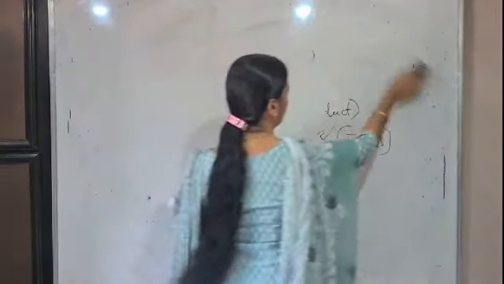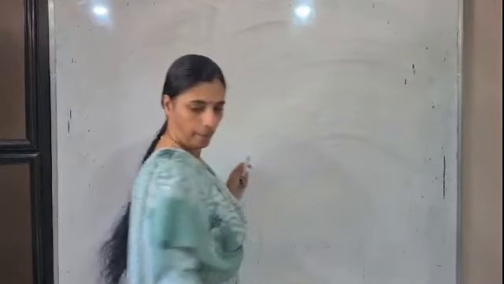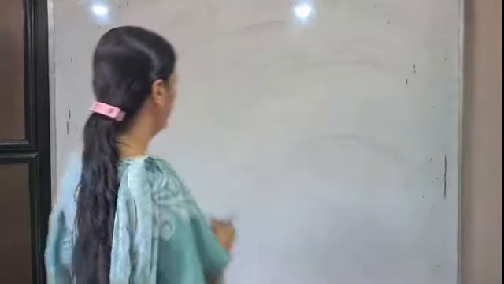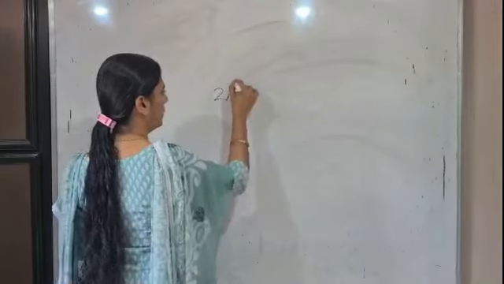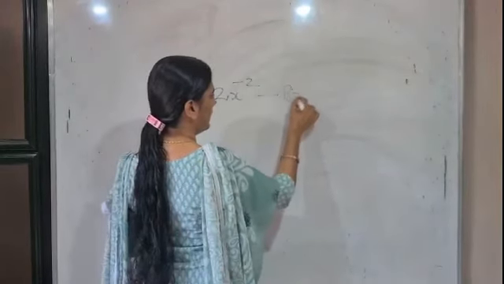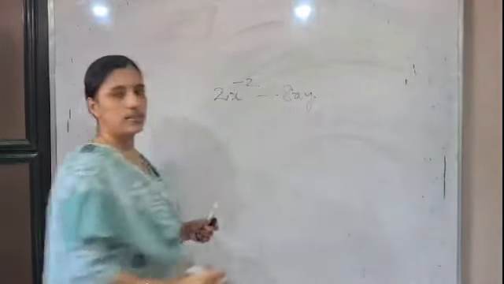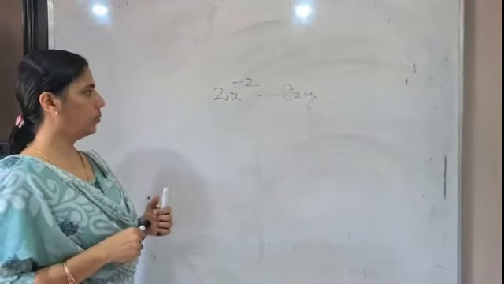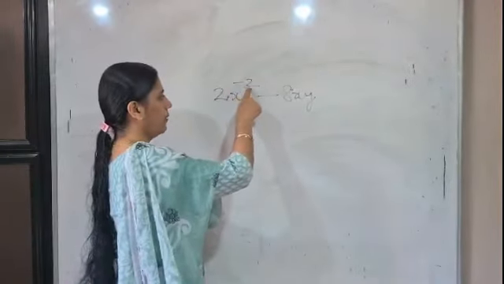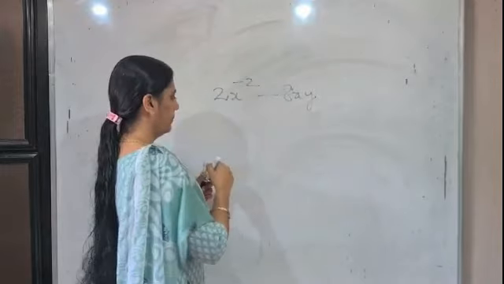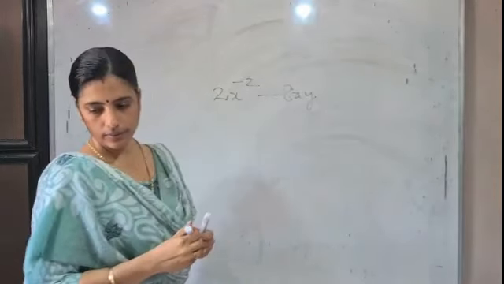I will explain. See, 2x to the power minus 2, minus 8xy. This is not a polynomial. Why? Because what is its power? Negative 2.